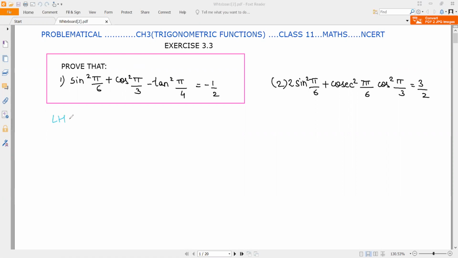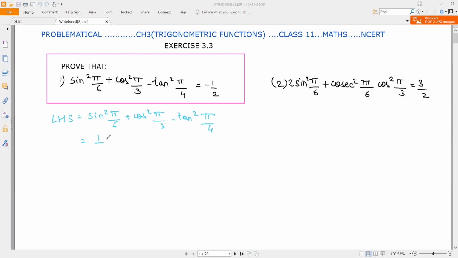So your LHS is equals to sine square pi by 6 plus cos square pi by 3 minus tan square pi by 4. Now, these are the standard trigonometric function values. All you have to do is place the values of these trigonometric functions. You know that sine square pi by 6, sine square 30.